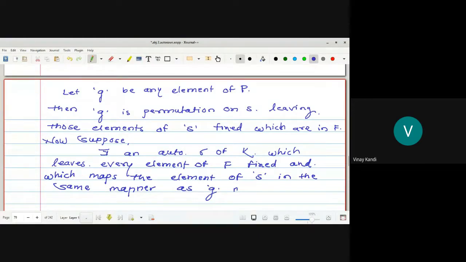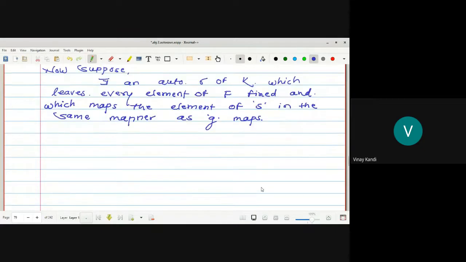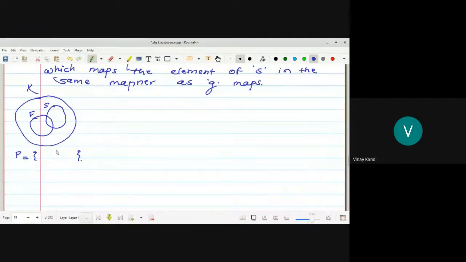Okay, this is the field K. This is F. This one is S. What is P? The set of all permutations on this set S, the set of all those permutations on S which leave every element of F fixed. So if G belongs to P, what is the meaning of this?